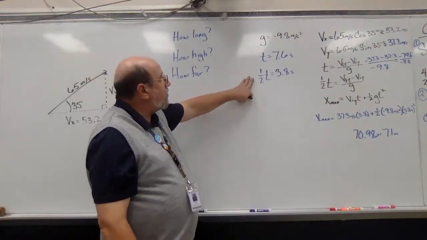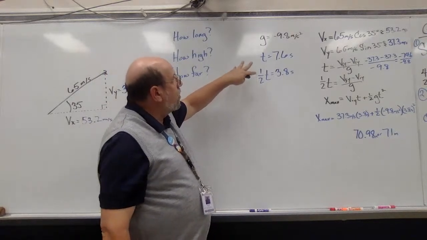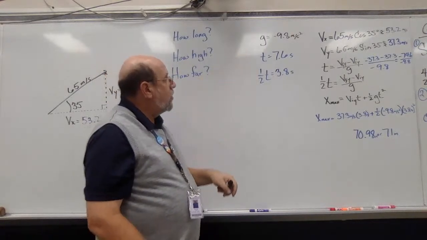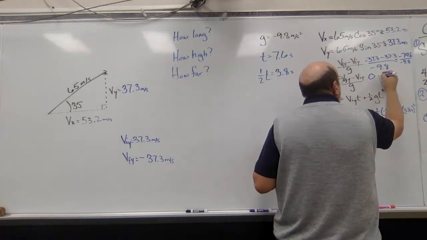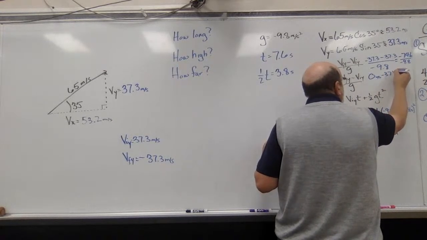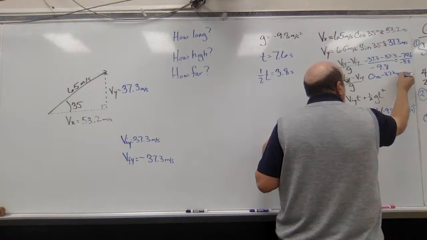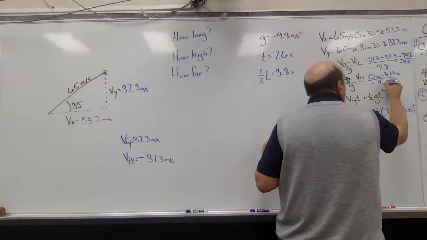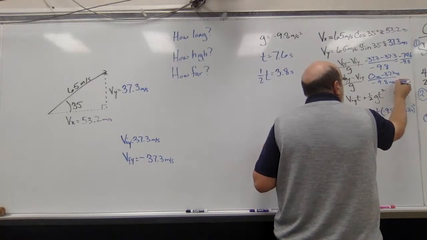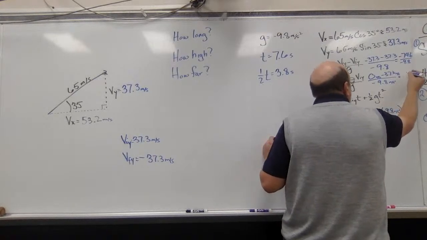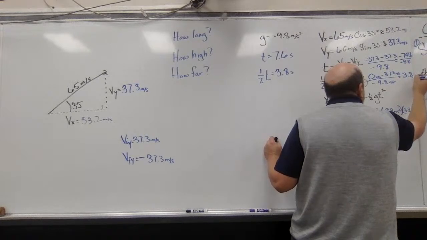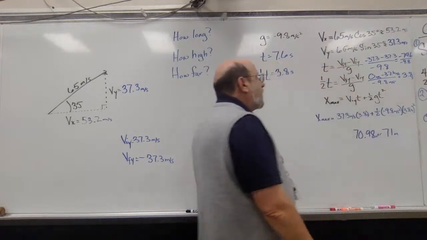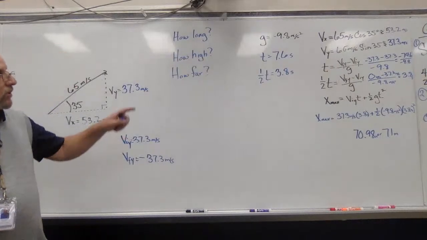So you can either cut it in half or you can do the math that goes with it, which is just 0 meters a second minus 37 3/10 meters a second divided by negative 9.8 meters a second squared. And guess what? You do come up with that 3.8 seconds. Trust me, that's how it worked.